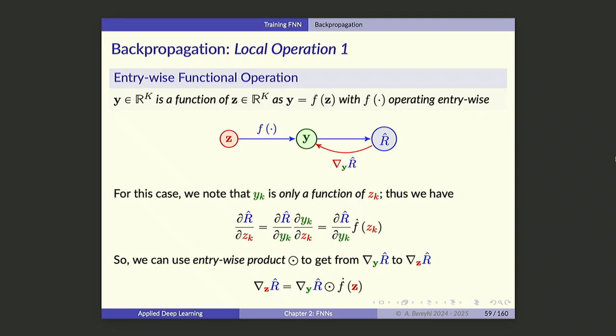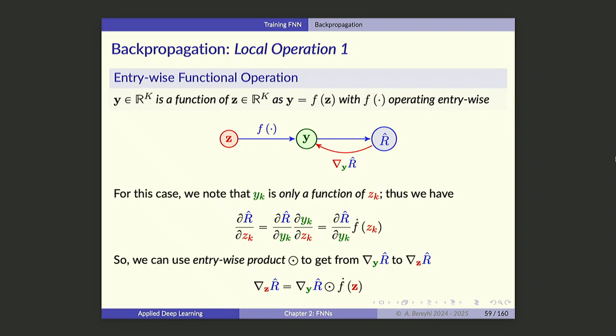And then this guy is the partial derivative that I do have inside my gradient. What about the partial derivative of yk with respect to zk? What is that? I do know f. I just compute the derivative of f, right? At point zk, correct? So this is going to be f dot zk.